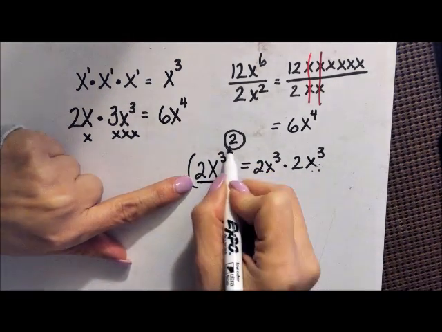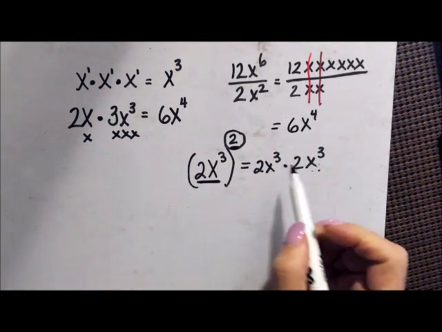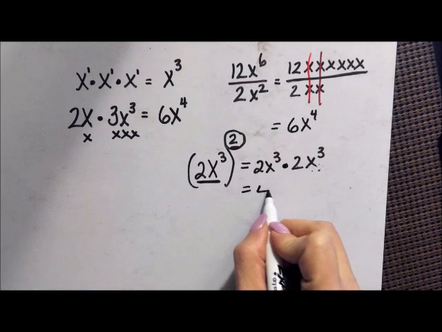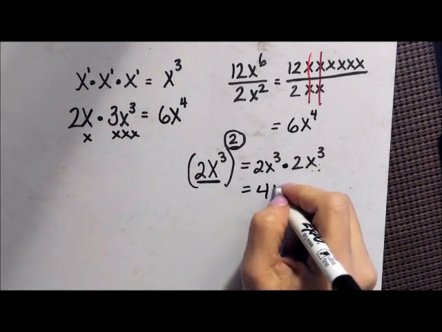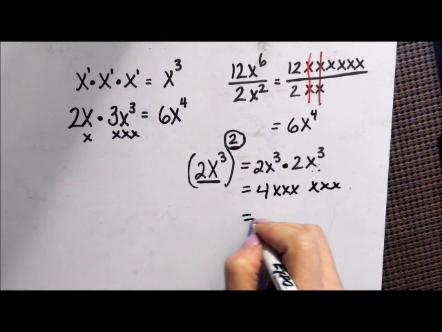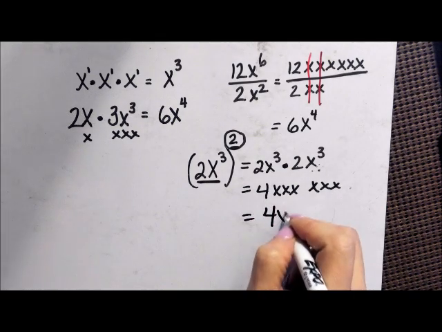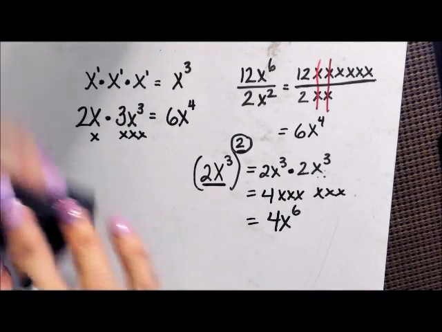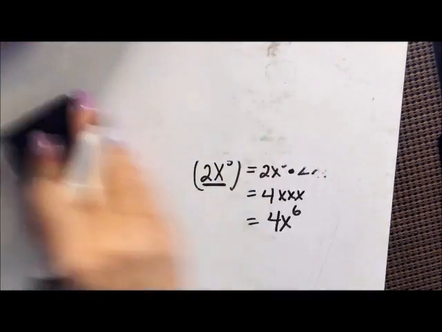This whole thing 2 times. Well, 2 multiplied by 2 is 4. 3 x's here and 3 x's there. How many x's is that total? That is 6 total. For exponents and the laws of exponents, the easiest way is to expand it out. Write out what you have.